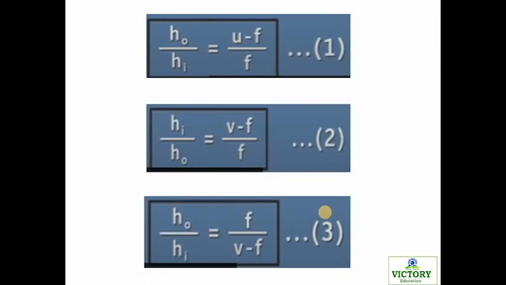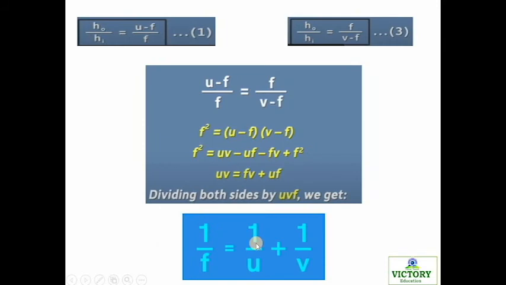So now I have three equations and I'm going to consider my first and third equation. The left hand sides are the same, so I can easily equate the right hand sides. From 1 and 3, I can write u minus f by f is equal to f by v minus f. Cross multiplying both sides, it's f square is equal to u minus f into v minus f.